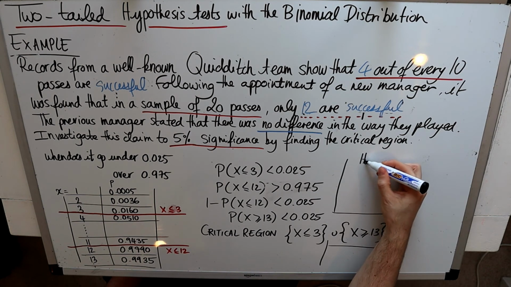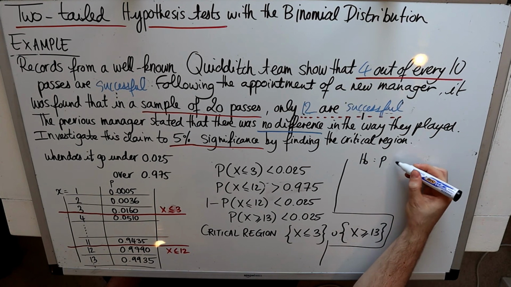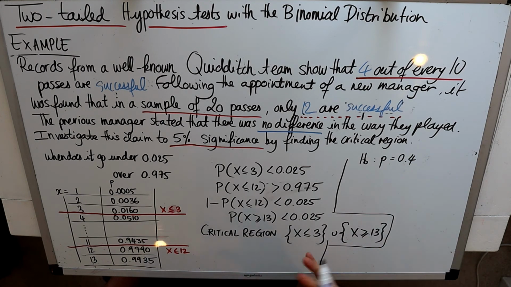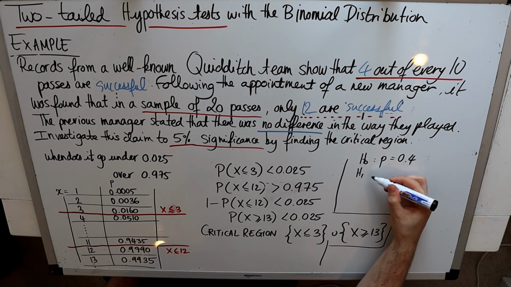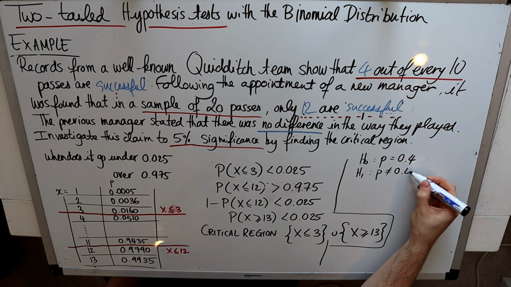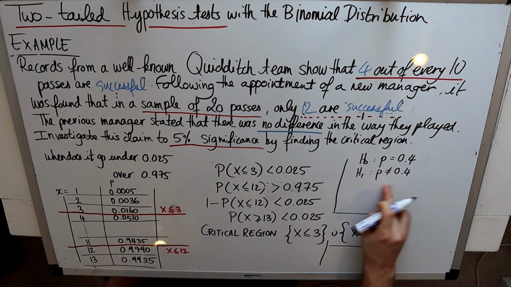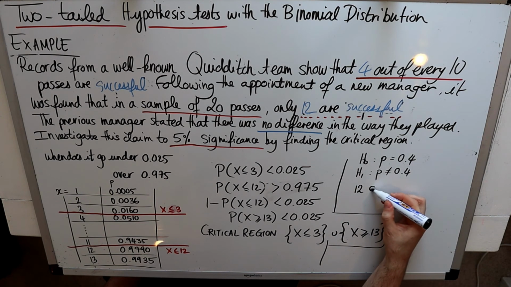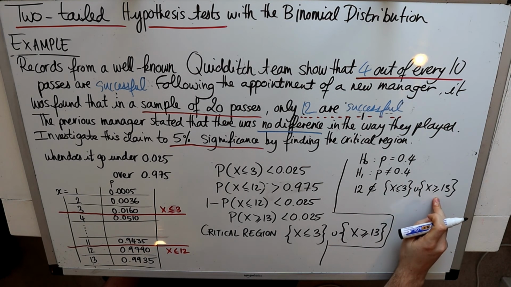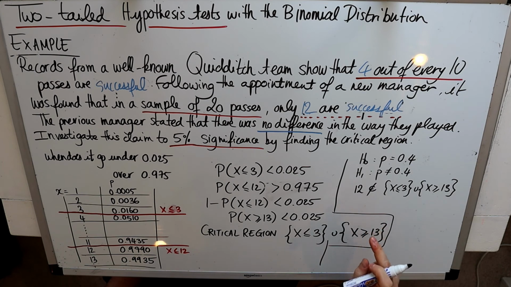We have to set out, again for marks, just write this down, H0: p equals 0.4 in this case, because we're doing it the other way around. H1: p is not equal to 0.4, and that's the important bit here, which means my 12 is not an element of my critical region. It is just under 13, which means it is actually fine.